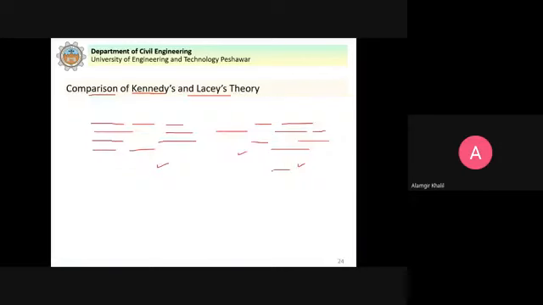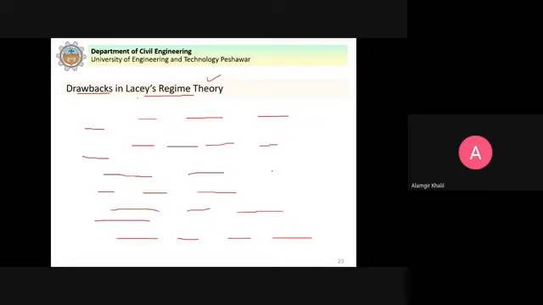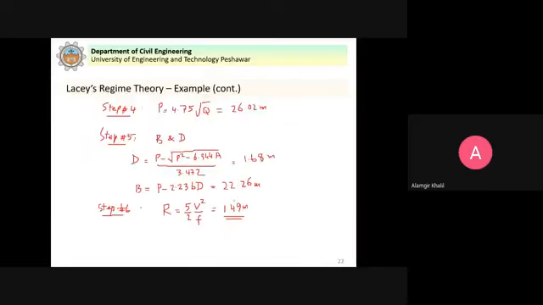So it is actually written here. If I go back, you can see here, this is V and R.